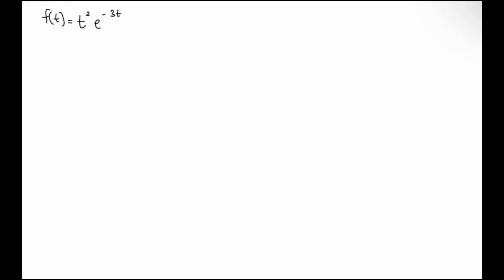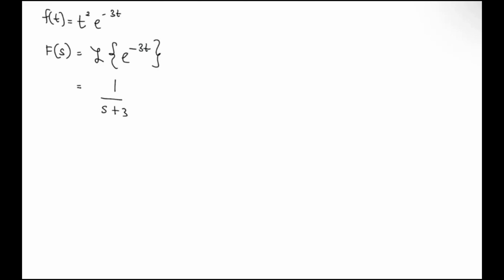So we want to find the Laplace transformation of e to the power of negative 3t. So let's rewrite this as F(s) equal to the Laplace transformation of e to the power of minus 3t. By referring to the table, this one is 1 over s minus minus 3, so 1 over s plus 3.